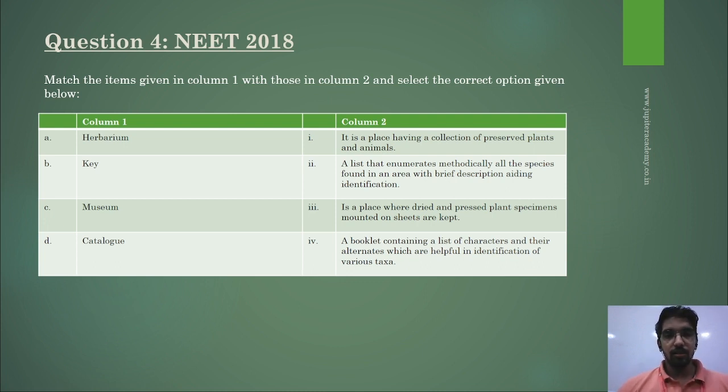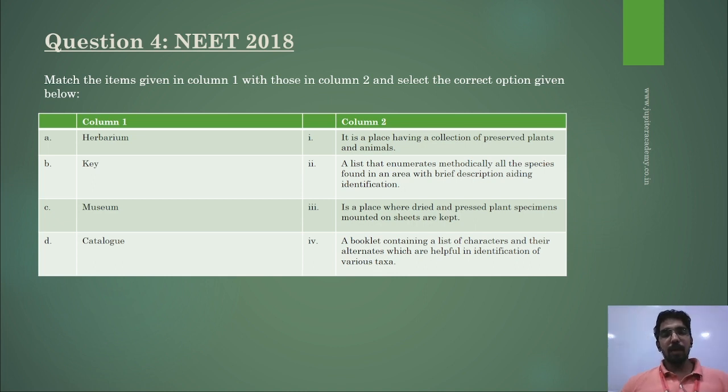According to my definition, museum is a collection of preserved plants and animals, so easily option 1 is the answer. And then D is catalog, which gives us option 2 in column 2, a list that enumerates methodically all the species found in an area with brief description aiding identification. So what a catalog is basically is a list of all the species available in a particular area.